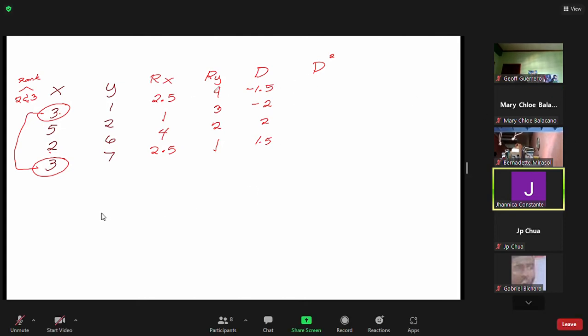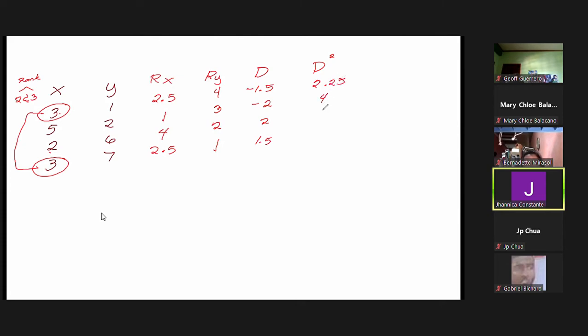Get the square of the difference of the rank of the set values of X and Y. So we have 2.25, positive 4, 4, and 2.25.